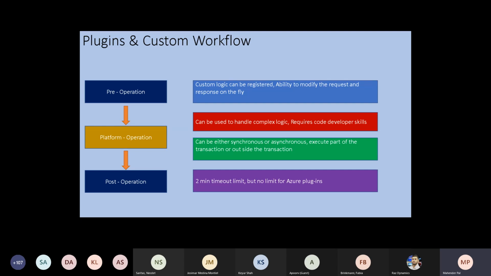If it goes beyond 2 minutes, it will throw a timeout. Some people understand that this 2 minute timeout is just for plugins. No, it applies to custom workflows as well. Whether it's a plugin or a custom workflow, it comes under this 2 minute condition.